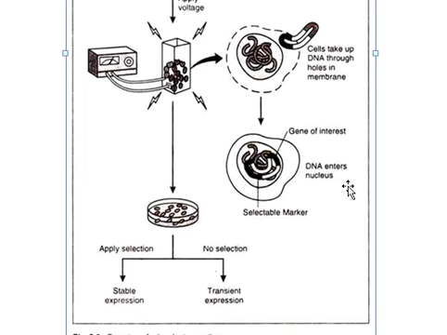If we use ampicillin in the culture medium, only the transformants live, and the remaining cells die because of the absence of the ampicillin resistant gene.